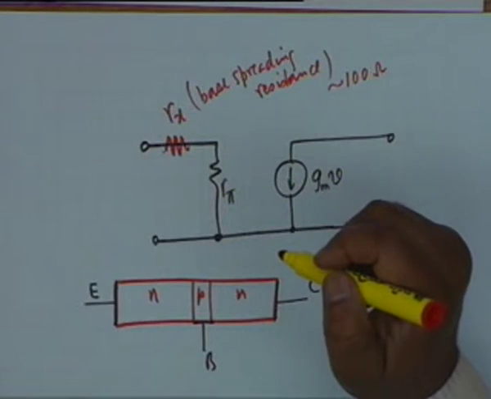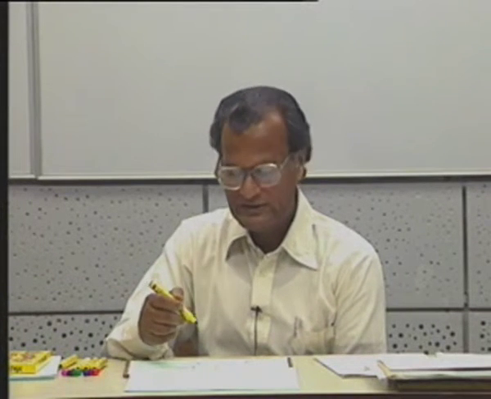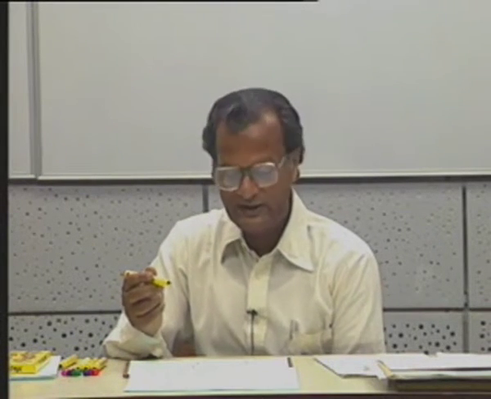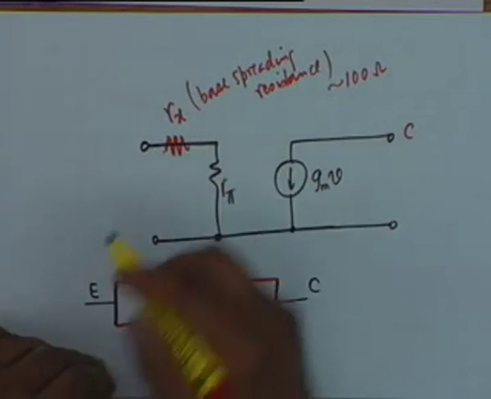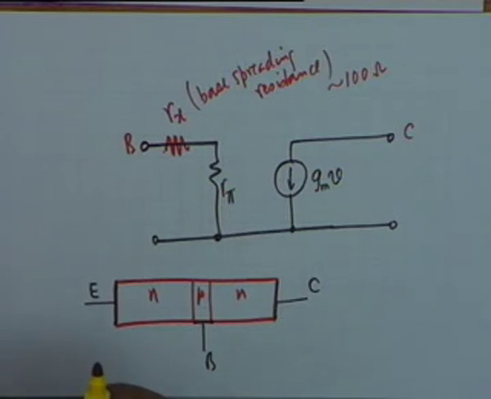A typical value for R pi, that is the dynamic resistance of a base emitter junction, is about a K. So, R pi is usually one order of magnitude higher than Rx, and in most of our analysis we shall neglect Rx. Alright. Between the base and the collector, where there is a junction, what kind of biasing is there in this junction?